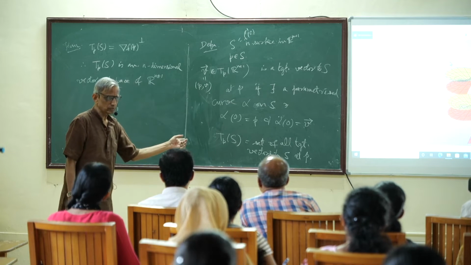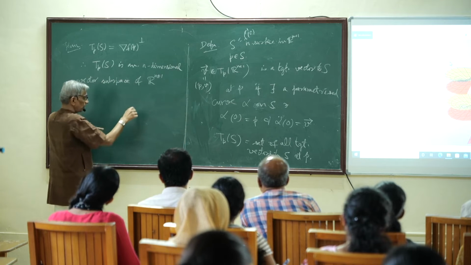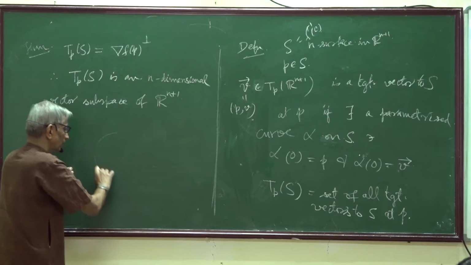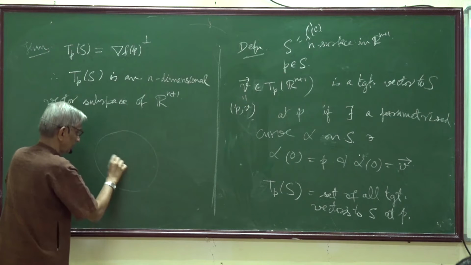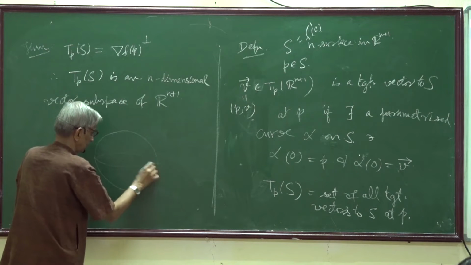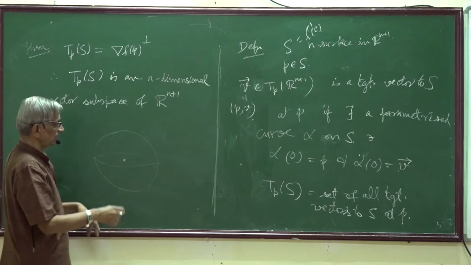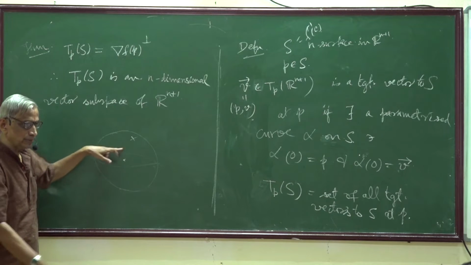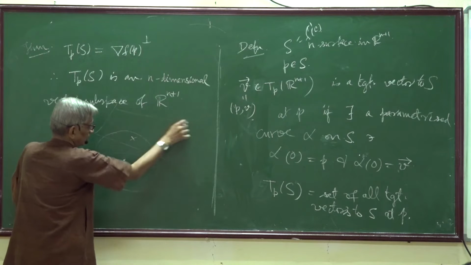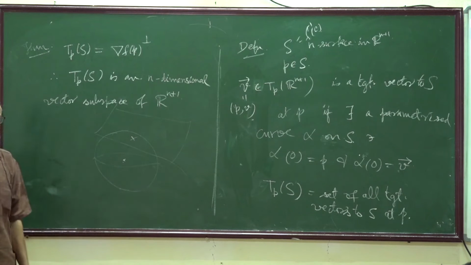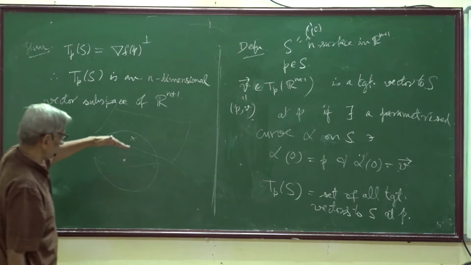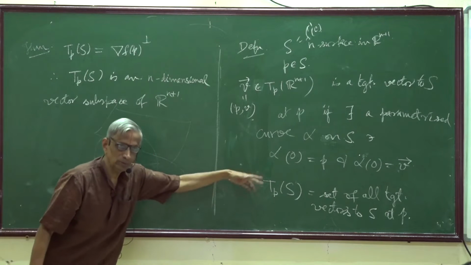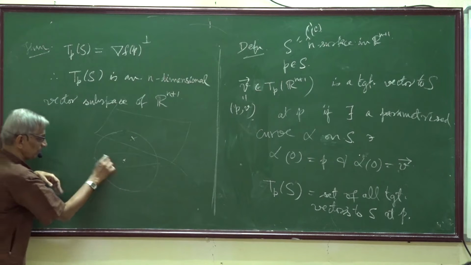Geometrically, this is a subspace, okay? So in R^(n+1), it passes through the origin, right? If you look at a sphere, any sphere, and you look at the tangent plane at a point P, it passes through P, not the origin, right? So the geometric tangent plane is different from this tangent plane. But what is the relation?